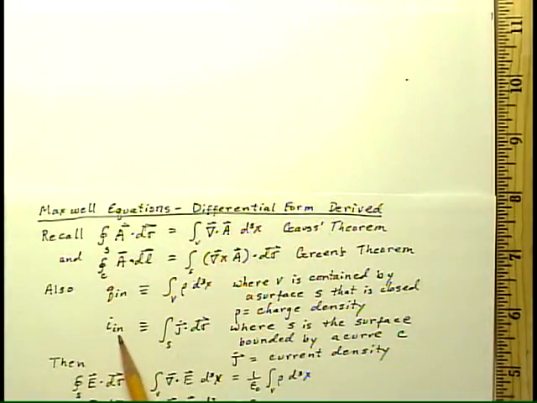The current that's inside is given by the integral over a surface of the current density dotted with d sigma. If one imagines a surface S and an infinitesimal surface element d sigma with the current density that flows through that, that gives us the total current that flows through that particular surface.